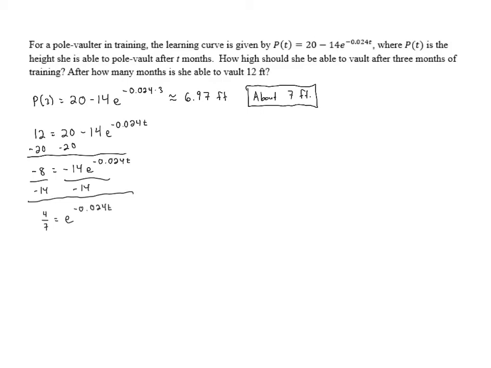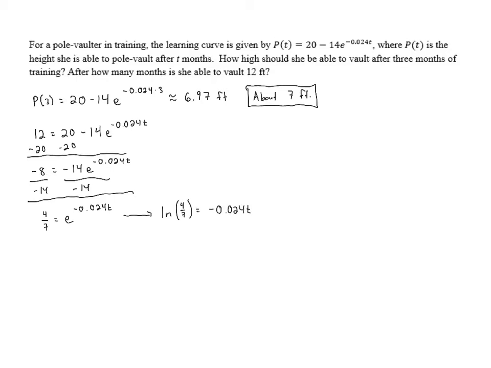Once we've done this, we can rewrite this in logarithmic form. We're going to have the natural log because the base is e. So ln(4/7) = -0.024t.